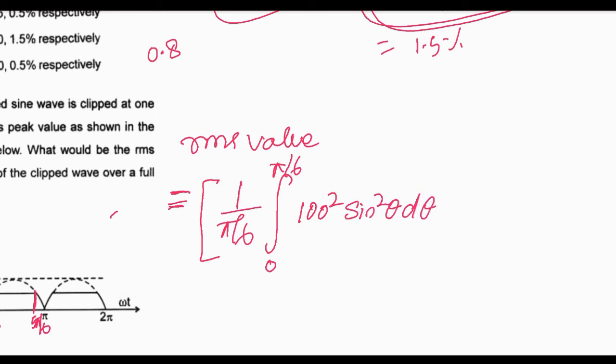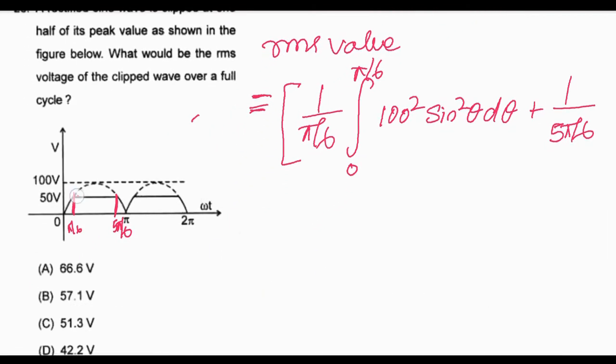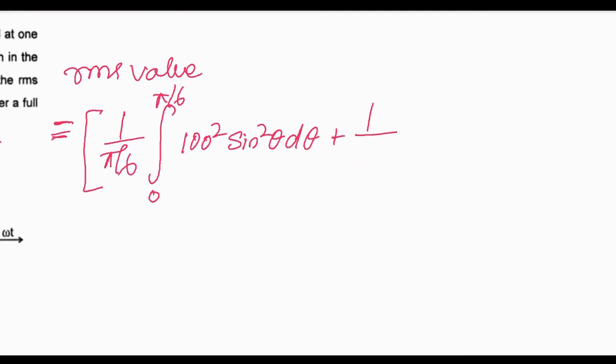In the place of omega t I am writing theta. Plus, for the middle part, the interval will be 5 pi by 6 minus pi by 6, that means 4 pi by 6, which means 2 pi by 3.